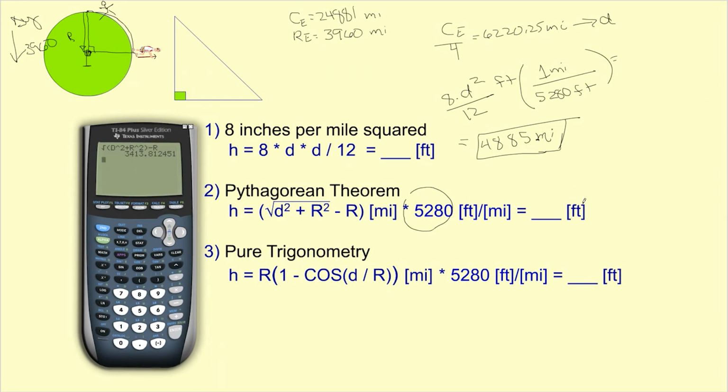So Pythagorean Theorem gives us 3,414, we're rounding, miles. Let's see, minus 3960. So that's going to bring us halfway down. We still went a little too far.